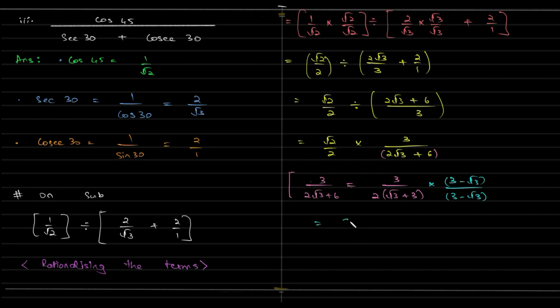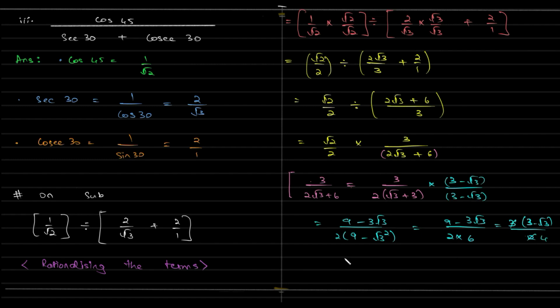3 into 3 is 9 minus 3 root 3, divided by 2 times, a plus b into a minus b is a square minus b square, so 9 minus root 3 the whole square. So this is nothing but 9 minus 3 root 3 by 2 times 9 minus 3 is 6, right? So in the numerator you have 3 common. Actually I need not multiply that. So 3 minus root 3 by 6 into 2, 12. So 4.